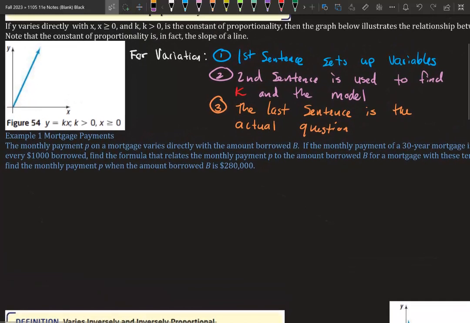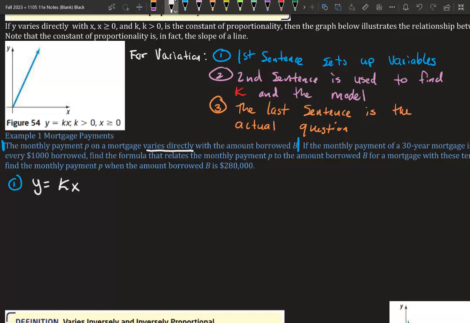All right, so our first sentence usually is going to set up the variables. This is our first sentence from here to here. Hopefully it jumped out to you: the phrase varies directly. Varies directly tells me y equals k times x.